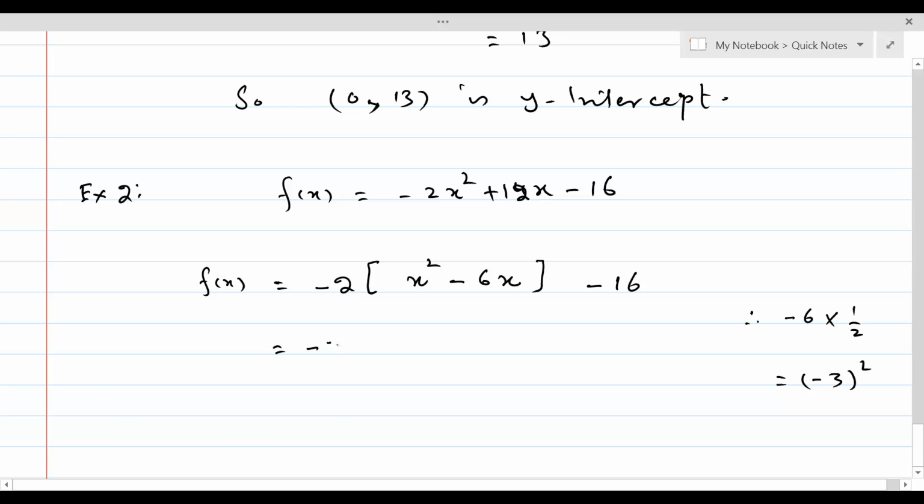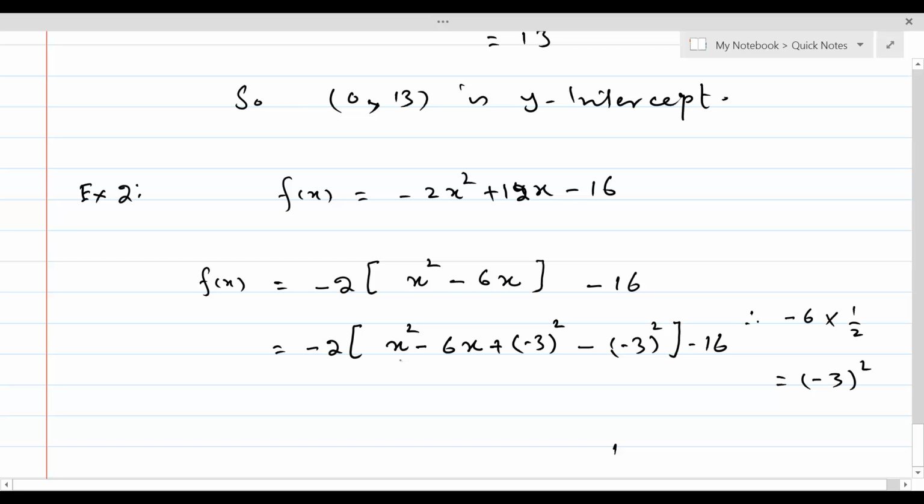So this would be minus 2 into (x square minus 6x plus minus 3 square), and the same number is subtracted inside the bracket, minus 3 square. Close the bracket and then write minus 16.